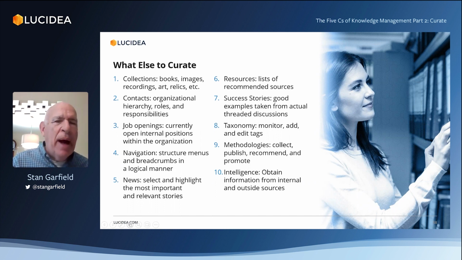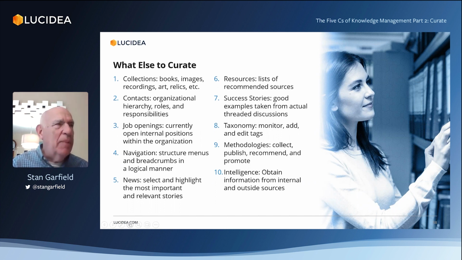Curating your taxonomy, monitoring it, adding to it, editing tags can be an important part of knowledge management. If you have methodologies, collecting those, publishing those, recommending them, and promoting them is a form of curation. And intelligence, if you have internal intelligence, if you have outside intelligence, market intelligence, competitive intelligence, whatever it may be, taking that in such a way that you make it useful to people, you organize it in such a way that it's not just a random collection of stuff, but it's easy to digest and use.